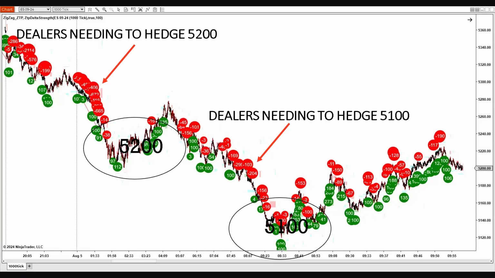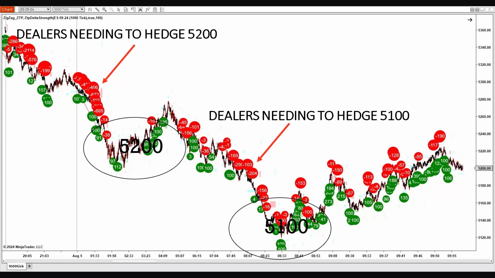And then when price reversed, the dealers were then needing to hedge 5,100. And when we got down to 5,100, again, we see the large amount of green delta strengths coming in. So what was happening at 5,200 first, then at 5,100, and again yesterday at 5,400?